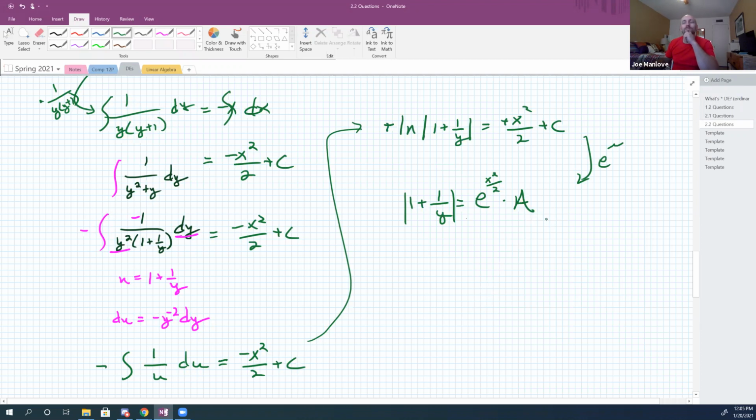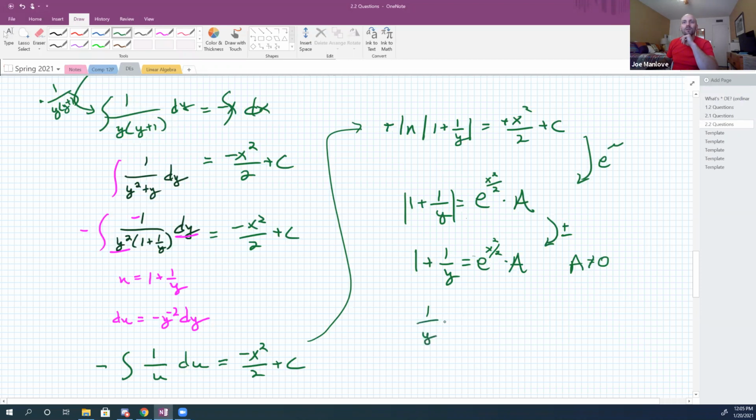Yep. Okay. So then I need to hit both sides with a plus or minus. So I have 1 plus 1 over y is e to the x squared over 2 times a. I'm assuming a isn't 0. That's probably good.